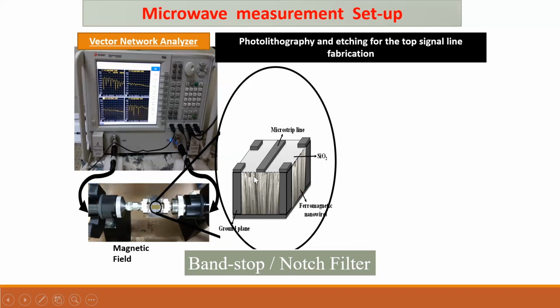This is a microstrip line, and we can fabricate this microstrip line on the material under investigation, or we can use another microstrip line and put our material over the microstrip line. So this is the on-chip device measurement of a band stop or notch filter.